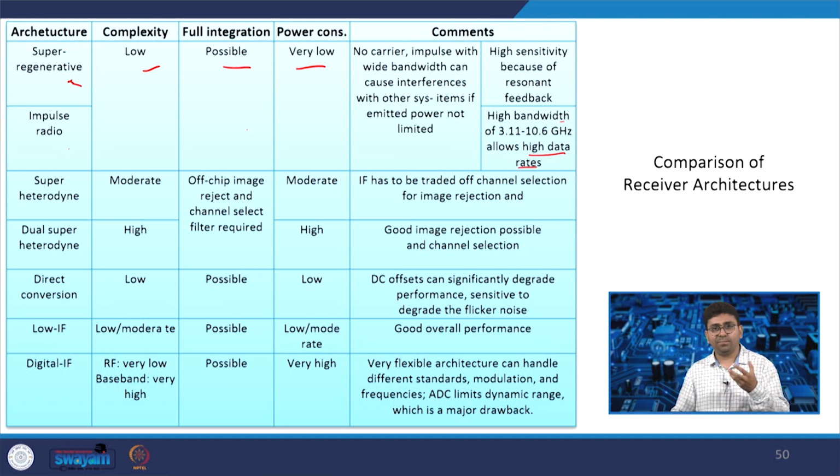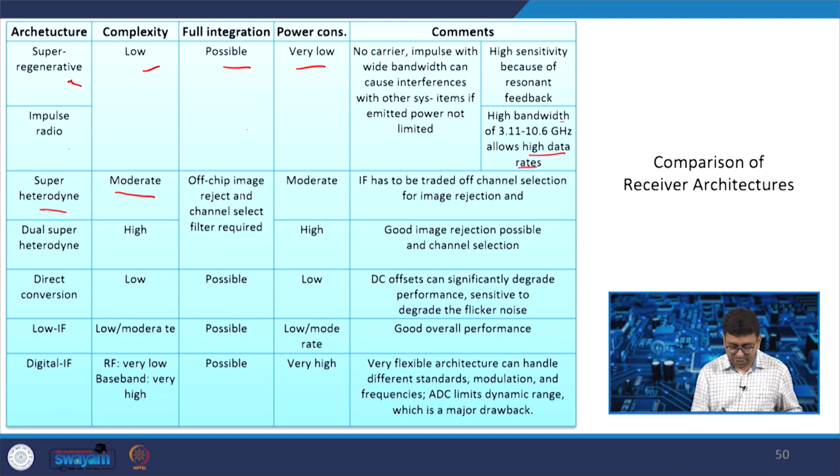It can provide the high data rate, and you can easily also reconstruct the image, mostly in sensing and imaging, this kind of impulse radio can be used. Then super heterodyne, we have already seen the complexity is moderate.